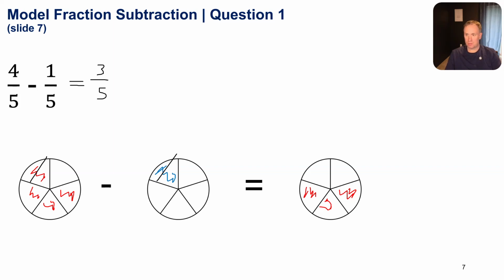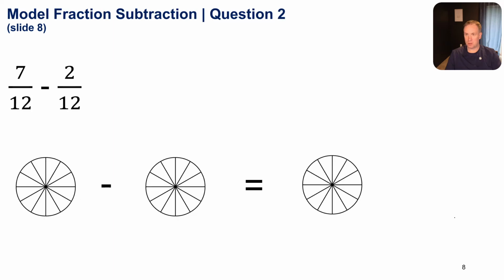Another problem that's like this is the following here. So 7/12 minus 2/12. Again, notice that we now have divisions of 12, so it's a bigger division. We would start by filling in our 7 total, 1, 2, 3, 4, 5, 6, 7.